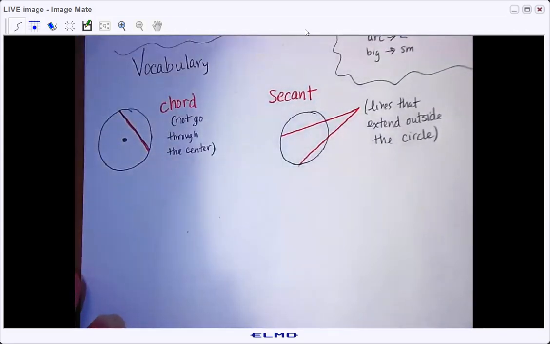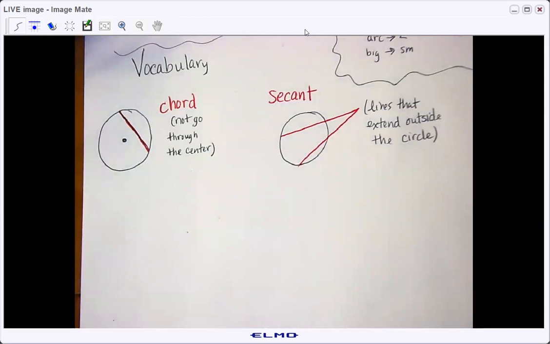And it's called a tangent. Now, this is not the same kind of tangent as in trigonometry. This is a circle tangent. And I'll show you what that looks like.